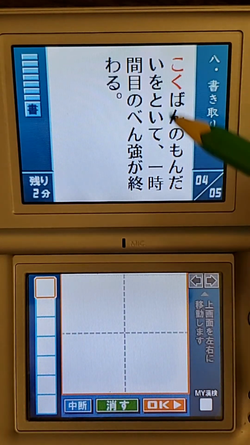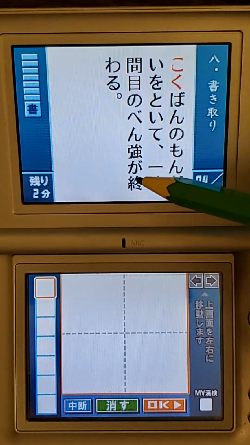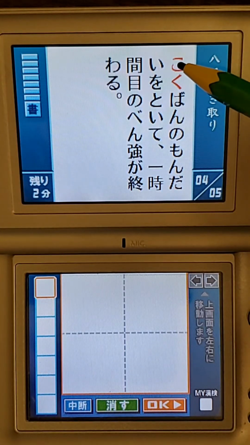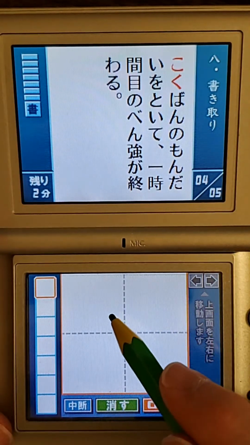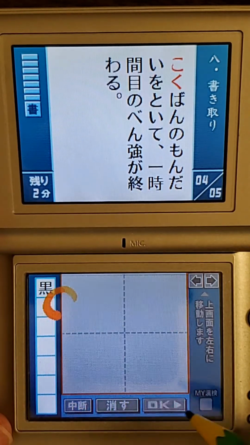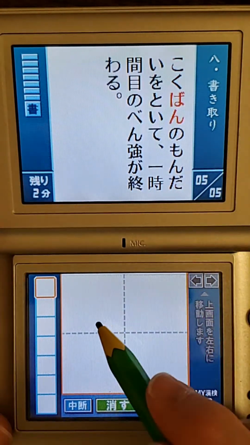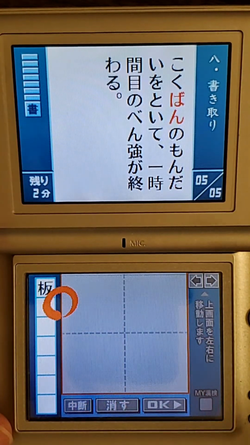黒板の問題を解いて1時間目の勉強が終わる. So 黒板, I think that's what it is. So the blackboard, kokuban. Nice.